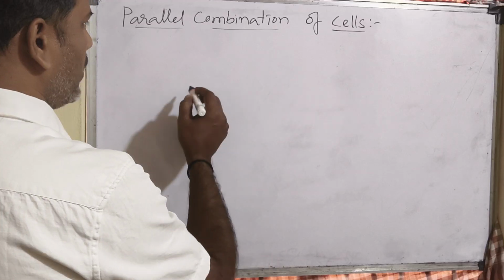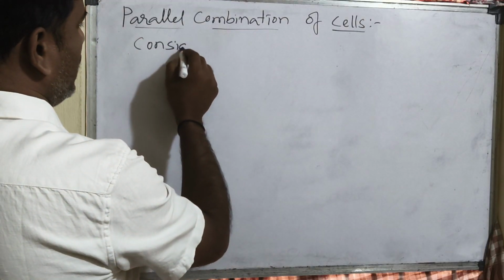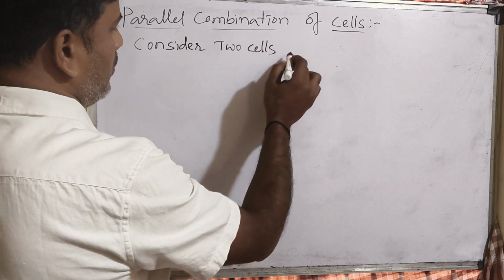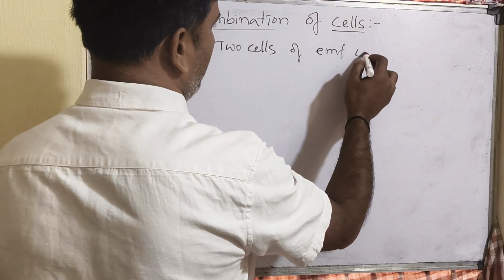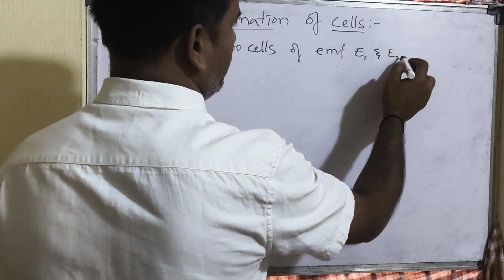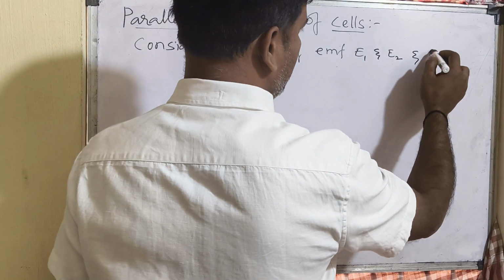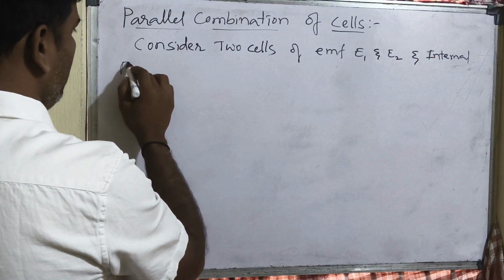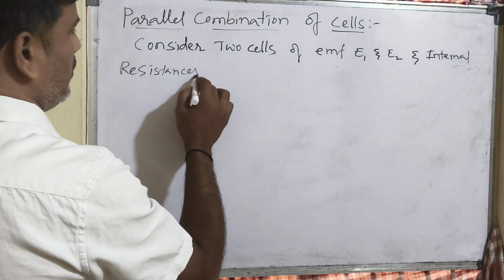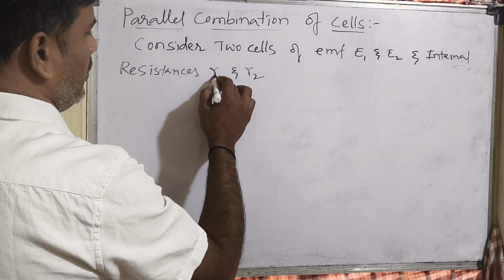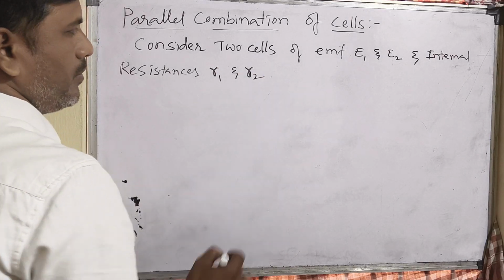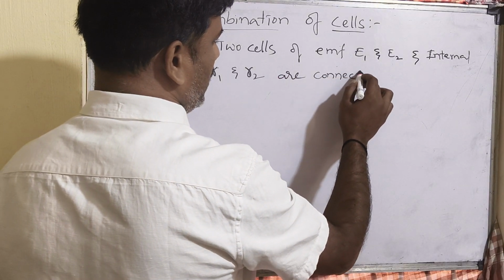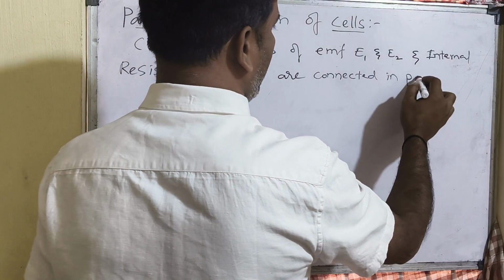Now consider two cells of EMF E1 and E2 and internal resistances R1 and R2 respectively, connected in parallel.